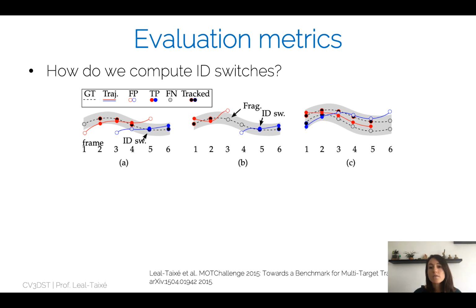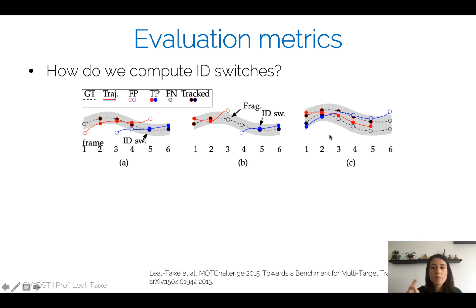And another source of identity switch could be the third one depicted, in which we would actually have two trajectories which are overlapping each other quite a lot. And it turns out that our predictions here make a mistake, and therefore they kind of cross each other. And therefore, effectively, what is happening is that the blue trajectory is coming closer to the ground truth red trajectory that we had at the top.